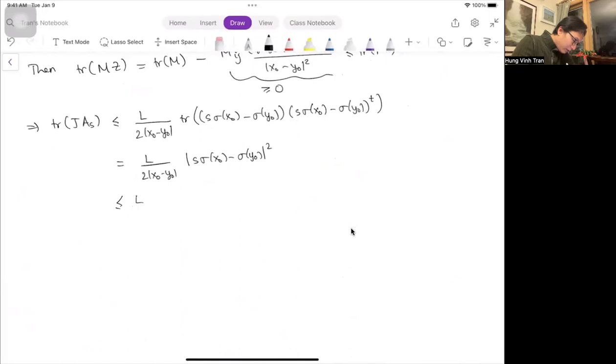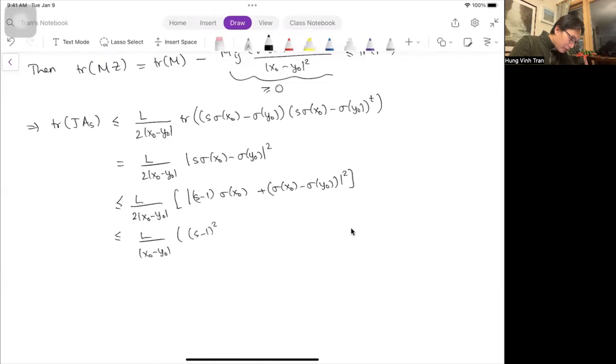This is less than or equal to L over 2 times x naught minus y naught, times S minus 1 sigma x naught plus sigma x naught minus sigma y naught, squared. So by the basic Cauchy inequality and the bounds, this is less than or equal to L over x naught minus y naught. The factor 2 goes away. S minus 1 square times C naught square plus C naught square times x naught minus y naught square.